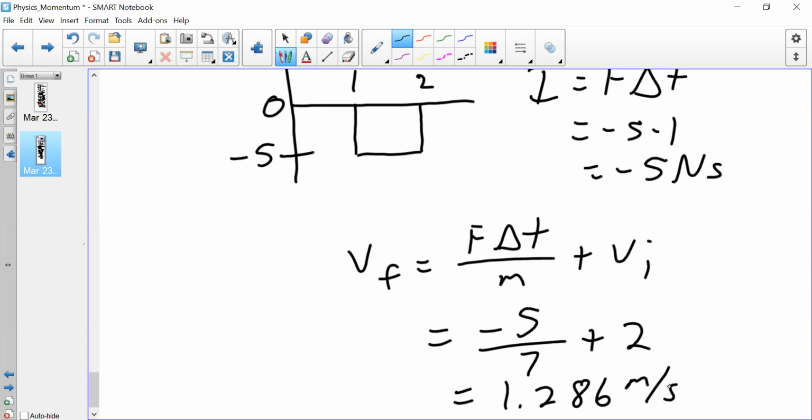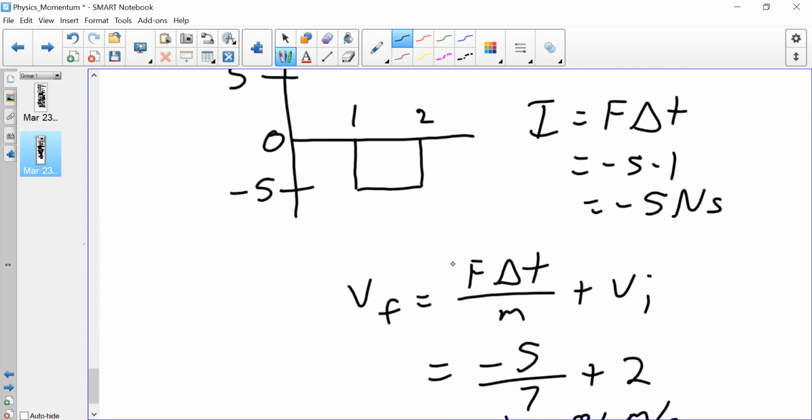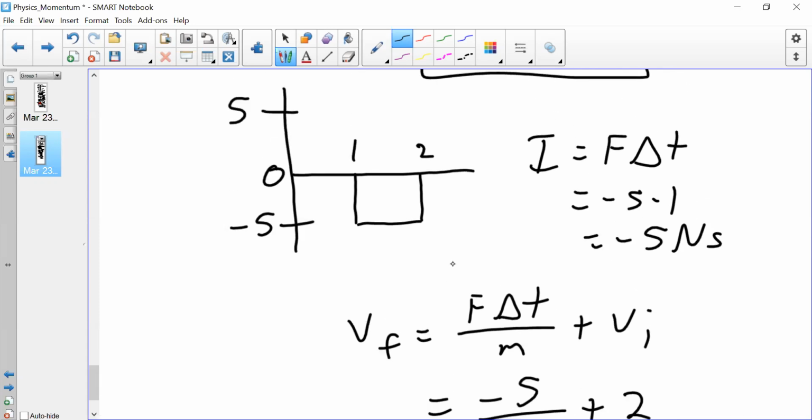So still to the right, still positive direction, even though the impulse was negative. Could anybody think of any possible force that could be acting in a so-called negative direction and the object will still be going to the right? What kind of force does that?